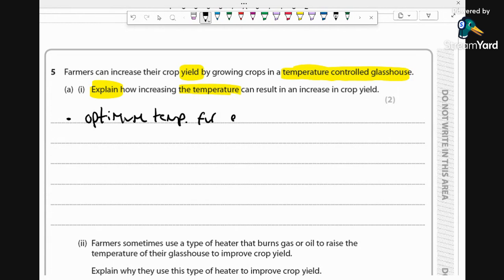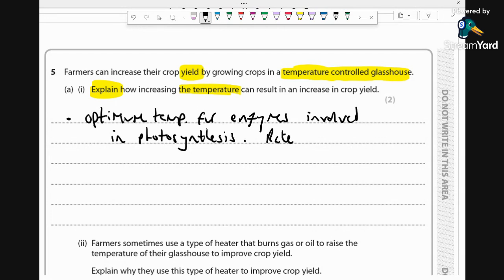for enzymes involved in photosynthesis. So the rate of photosynthesis increases. So more, and again, we have to lead this to growth, right?